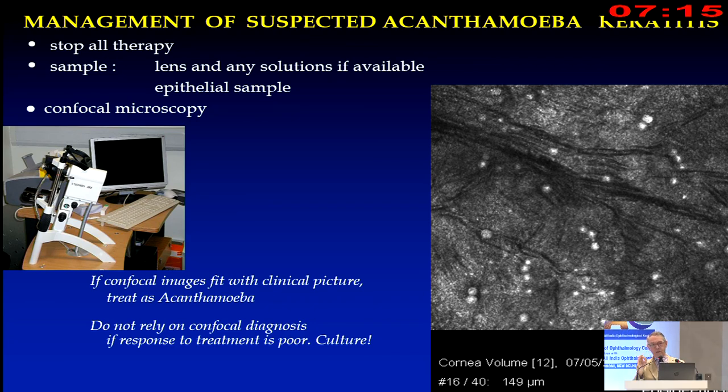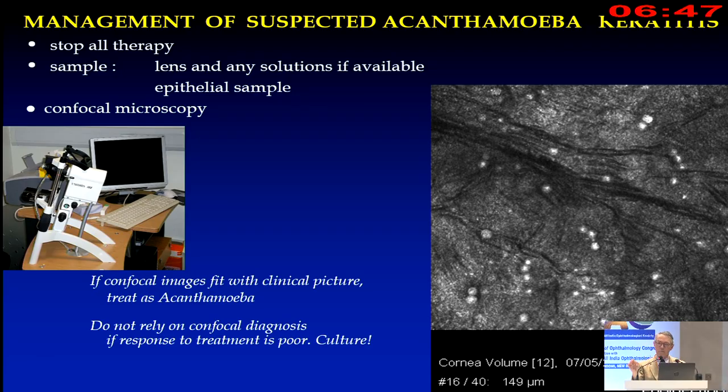We always, in suspected cases, would advise taking a specimen of the cornea for PCR and taking a specimen of the cornea for culture. But we would start antiamoebic treatment directly once we see cysts on confocal microscopy. You can then await the laboratory results from the PCR and the culture.